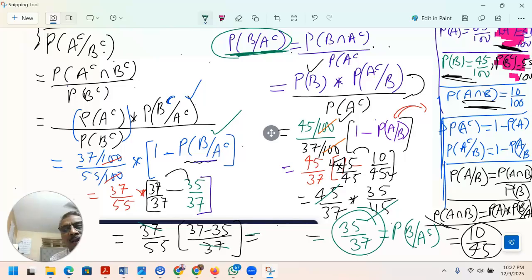These are the same factor in the numerator and the denominator. This will be 2, and the down number is 55, and that's your final answer. What does this basically mean? We started with: what are the chances that a student who is not an Instagram user is also not a Facebook user? It is 2 out of 55. So this is the answer.